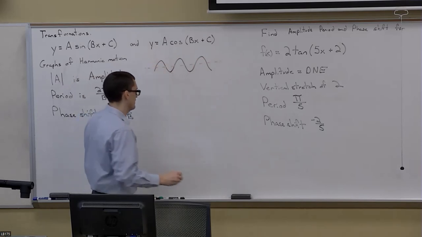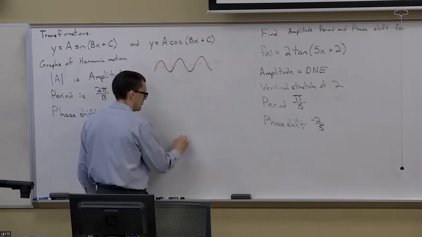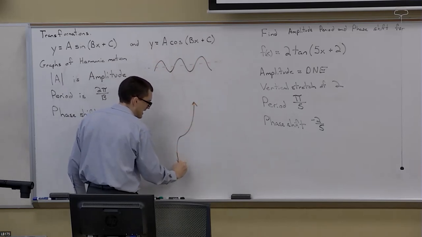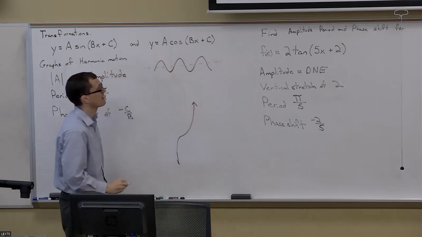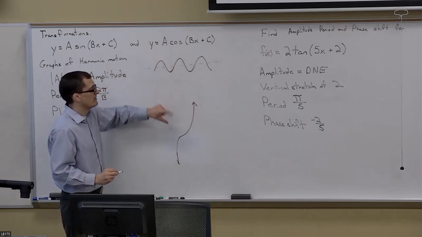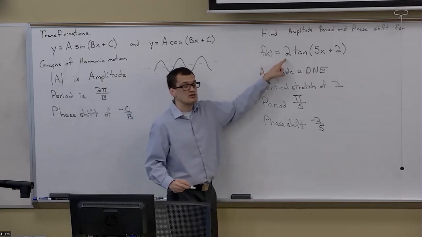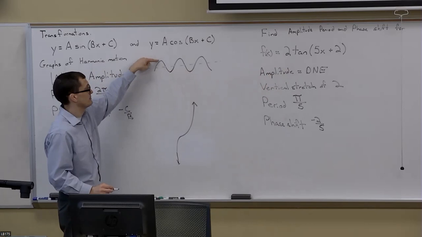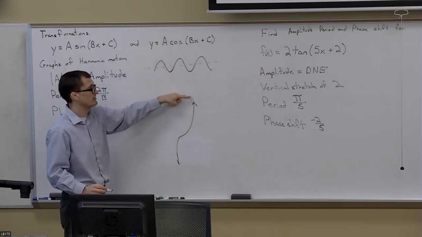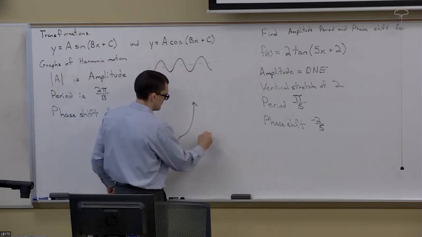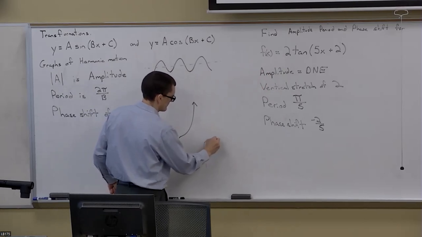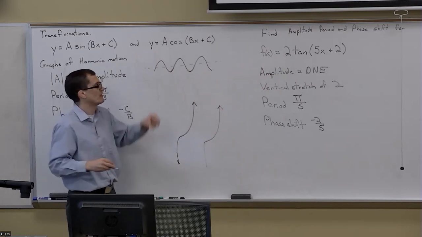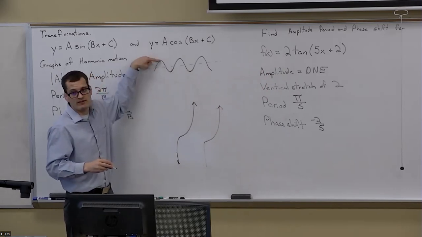Because tangent goes all the way up to infinity and all the way down to negative infinity, even though there's a vertical stretch when I multiply by 2, the amplitude doesn't exist because there's no maximum value which tangent can reach. Is that right? So amplitude is kind of referring to the maximum value of your wave.